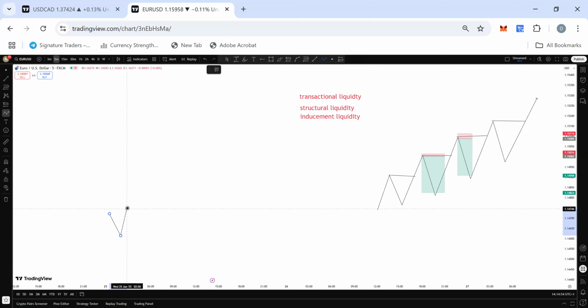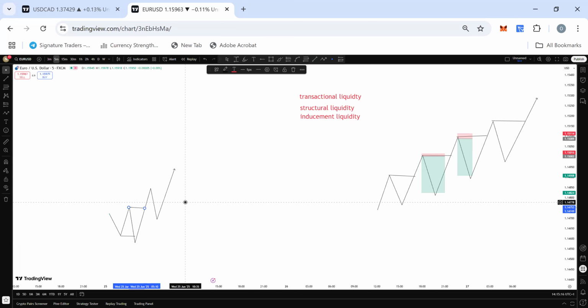For me to identify a valid break of structure, I have to see something like this, whereby price takes out my inducement, then breaks this area, this transactional liquidity, which becomes my valid break of structure. So this is a valid break of structure in my area. So I have to see something like this: price taking out inducement, breaking a structure.